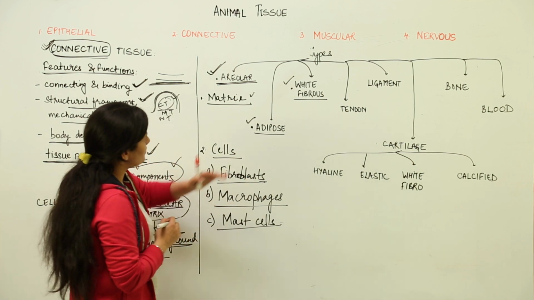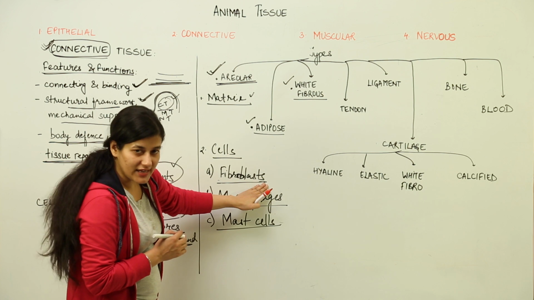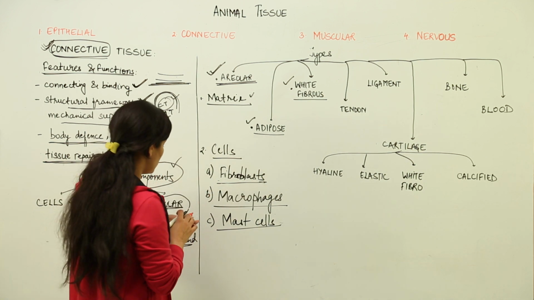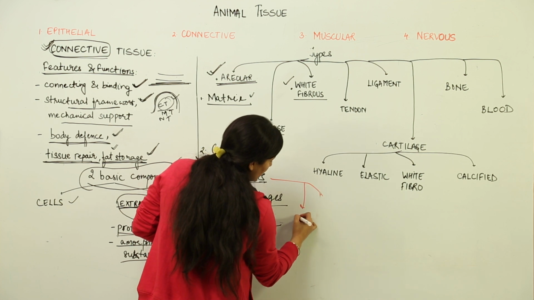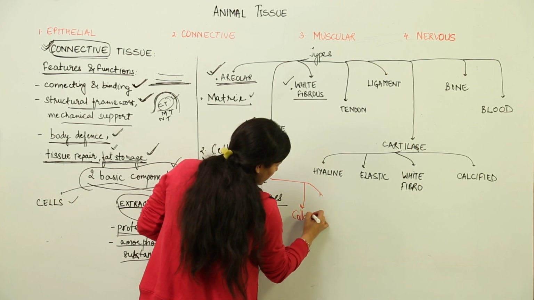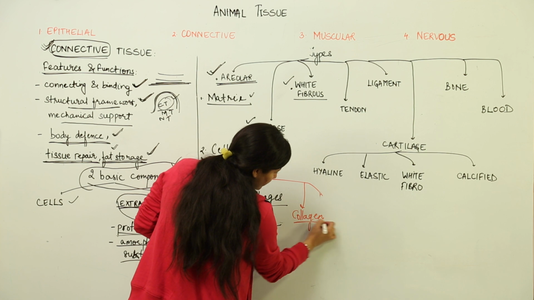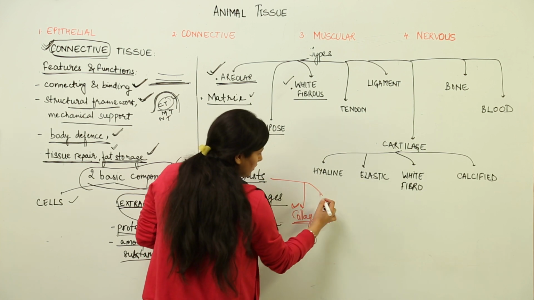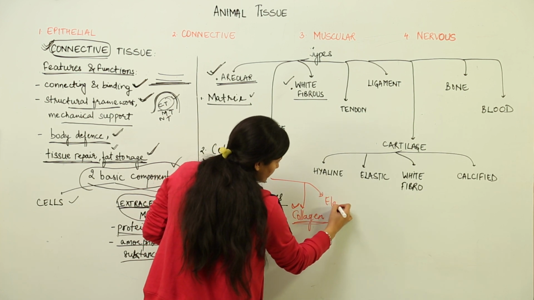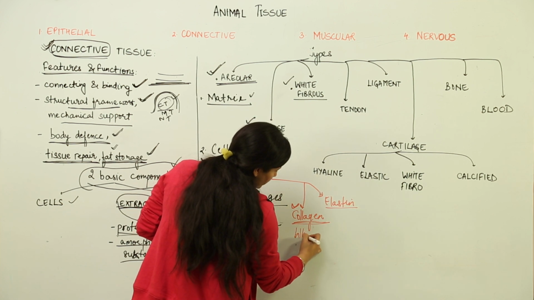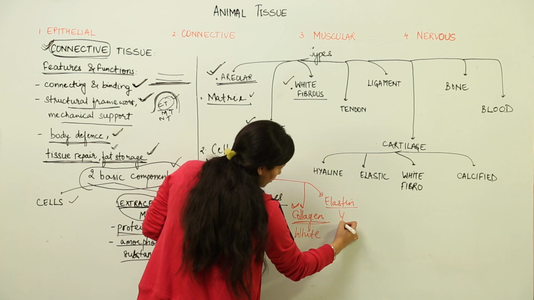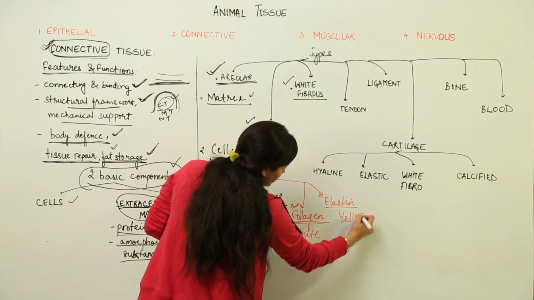Now what you need to remember is that the fibroblasts are the cells which are going to release or form the fibers, which would further be of two types. One would be collagen fiber. You might have heard this is the fiber most extensive in the animal world, and the other is elastin fiber.